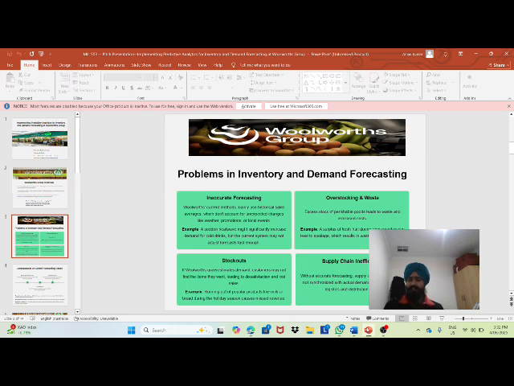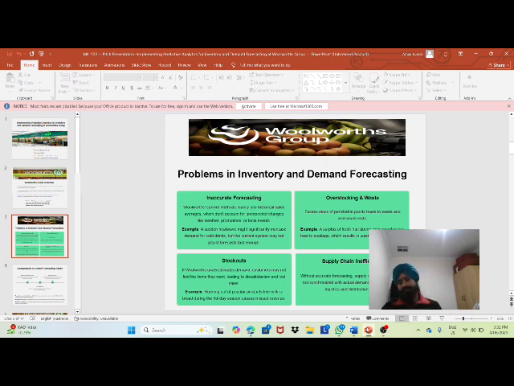If there is not enough stock to fulfill customer demand, the company will not profit from its customers. There should be proper stock for the company to benefit.